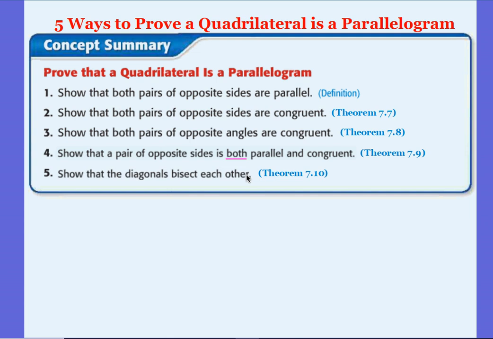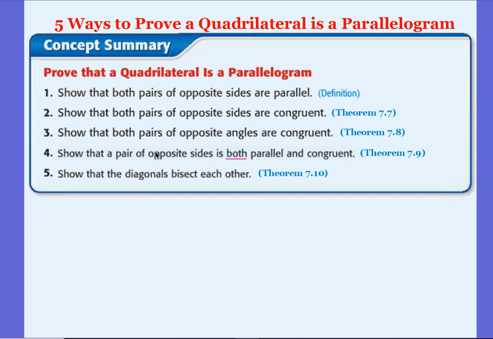The reason why I wanted to jump to number 5 is because in our last couple of videos, we've been discussing the different characteristics of parallelograms. And 1, 2, 3, and 5 are all exactly the same thing as our characteristics tell us. However, our 4th characteristic was that the consecutive angles are supplementary. Be cautious.